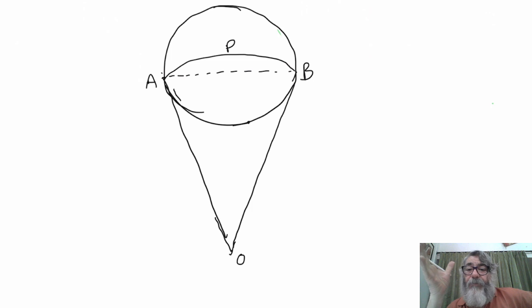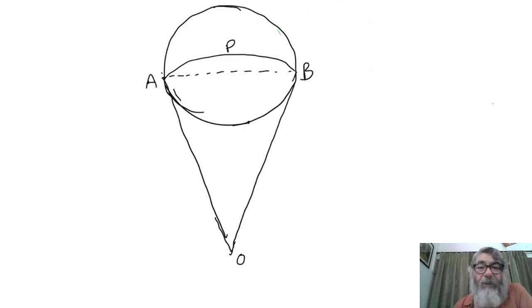Compared to that distance, the moon is smaller. So APB will be almost equal to the diameter of the moon. So how do I calculate the diameter of the moon?